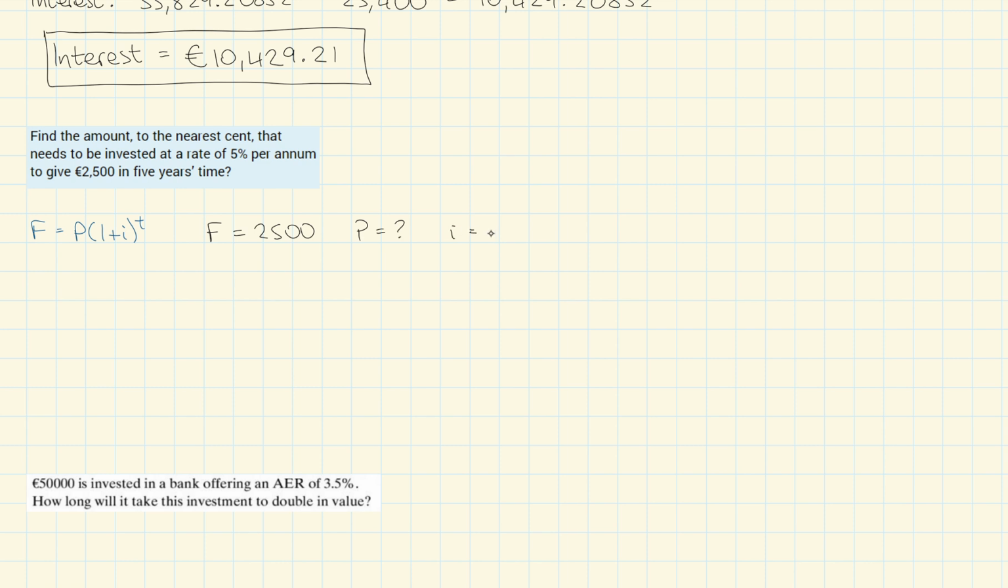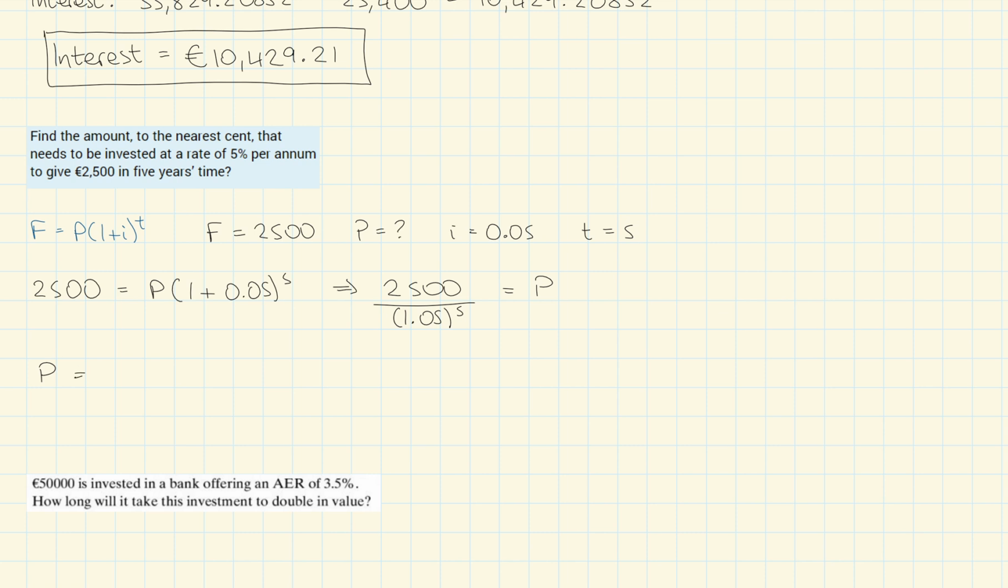The interest rate as a decimal is 0.05, and t is equal to 5 because it's 5 years. So 2,500 will equal P times (1 plus 0.05) to the power of 5. I'll tidy up this bracket and then divide across by it.